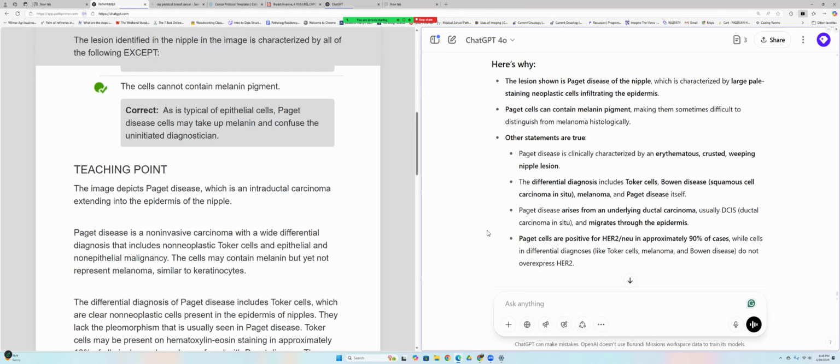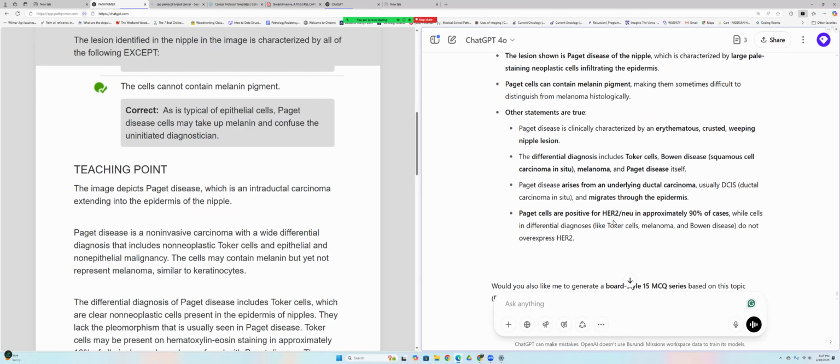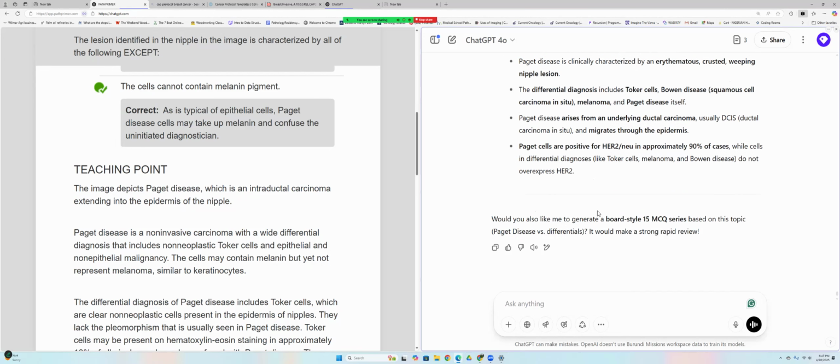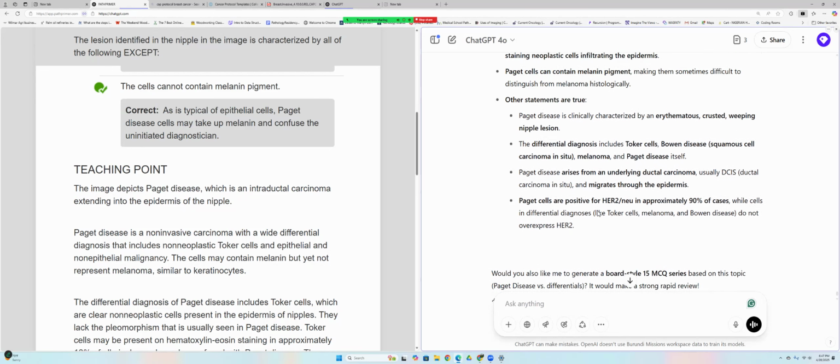Toker cells. Paget disease. So here is actually what they use a lot to differentiate Paget from other mimickers of Paget.